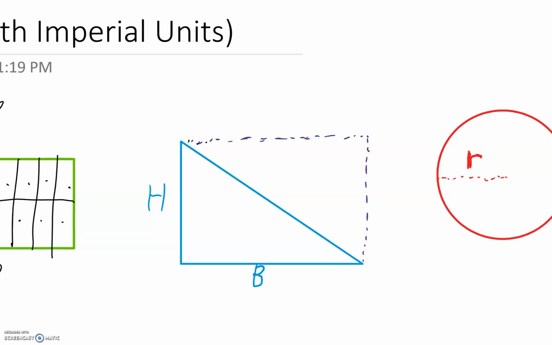So if we know it's exactly half the rectangle, if this were the width and this were the length, then it'd be length times width, right? But because it's exactly half, we know that it's actually going to be area equals base times height divided by 2, or length times width divided by 2.